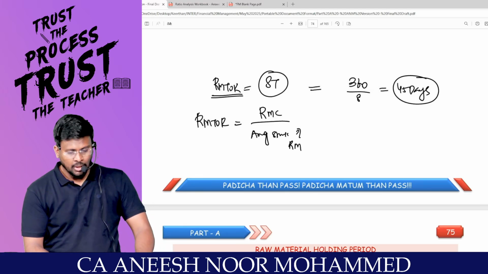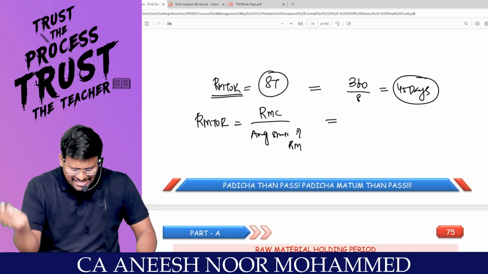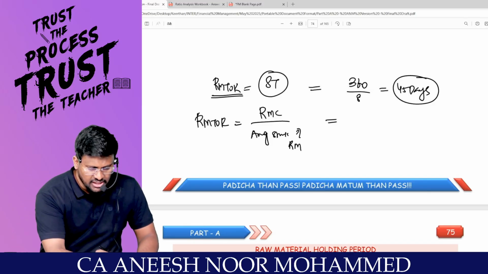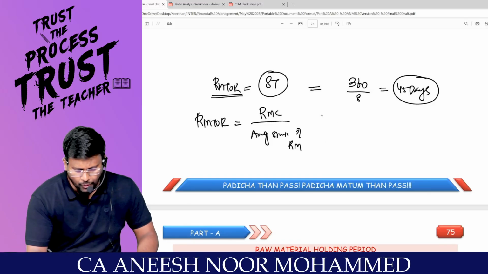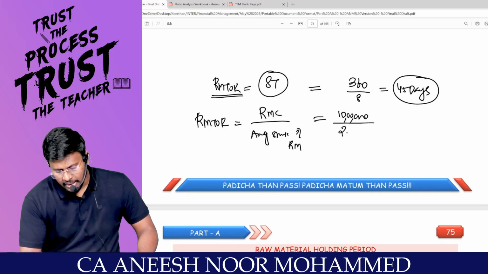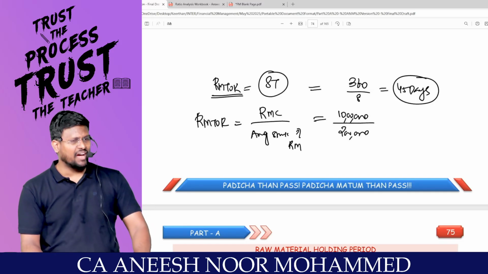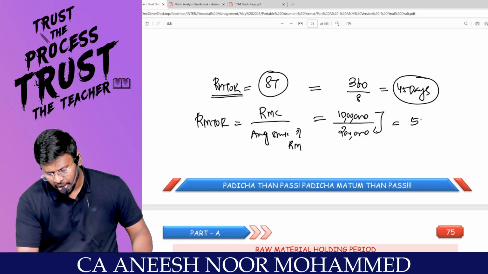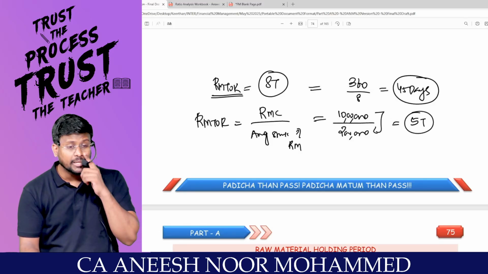Comfortable? For example, raw material consumed is 10 lakh, and 2 lakh is the average stock of raw material. So 10 lakhs divided by 2 lakh comes to 5 times is the raw material turnover ratio.